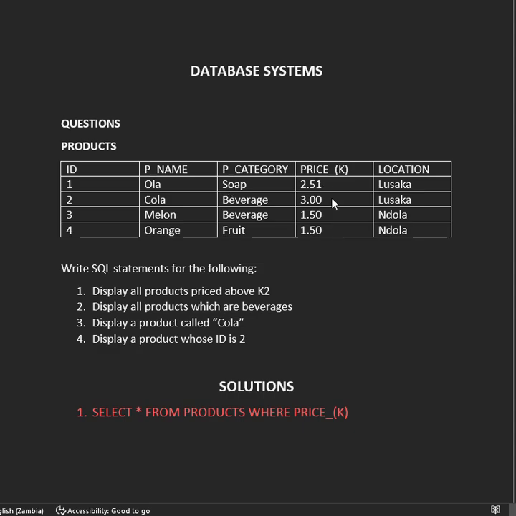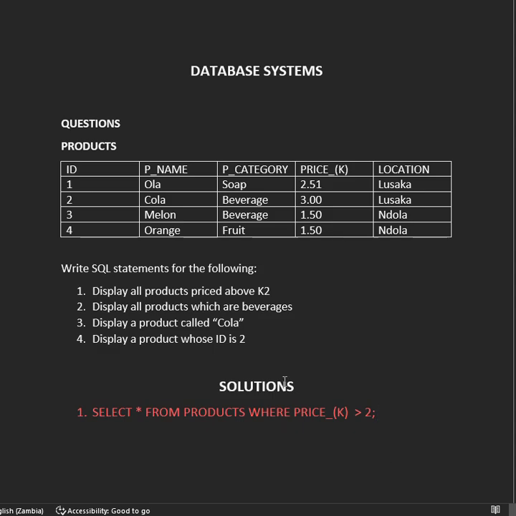It is very important that you write every column as it appears on the table. So you say where price_K is greater than 2, then you put a semicolon.